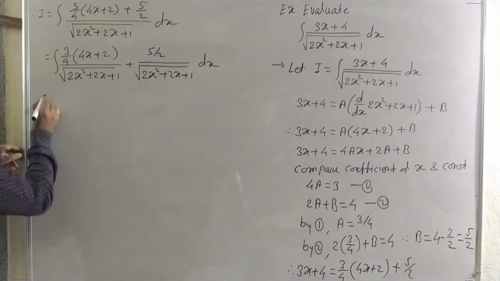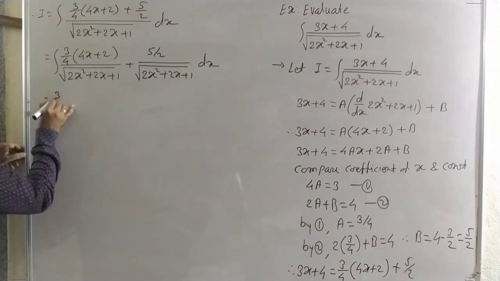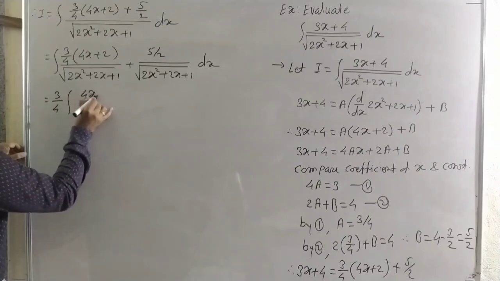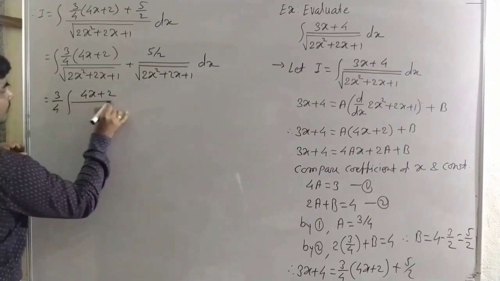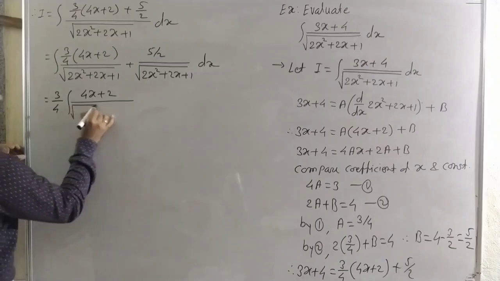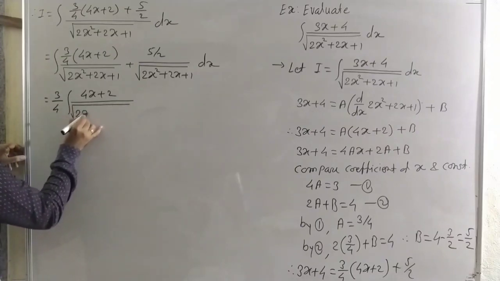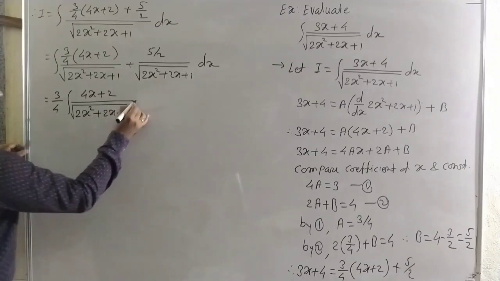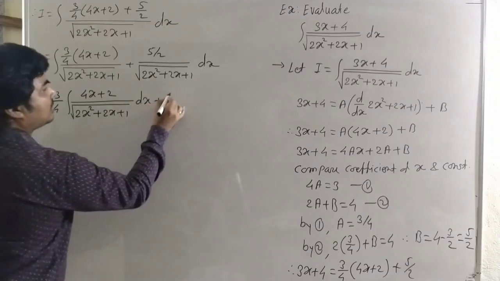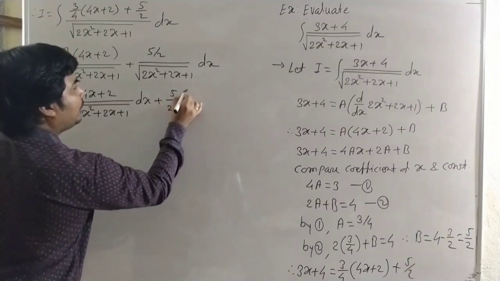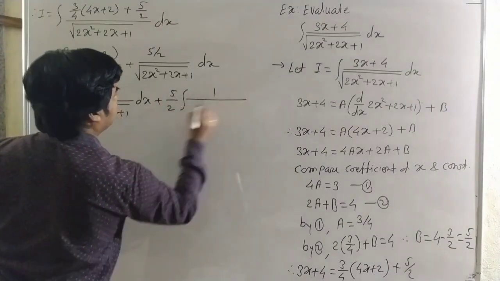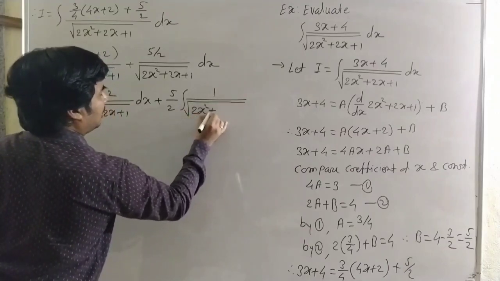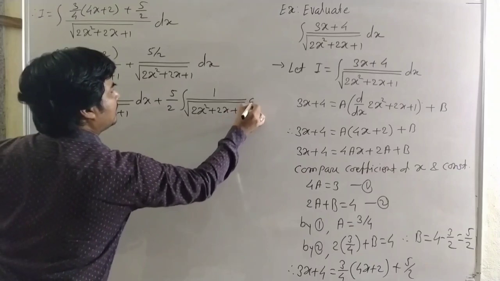Now separate the integrals. 3 by 4 we can write outside of the integral, then 4x plus 2 upon under root 2x square plus 2x plus 1 dx plus 5/2 into integral of 1 upon under root 2x square plus 2x plus 1 dx.